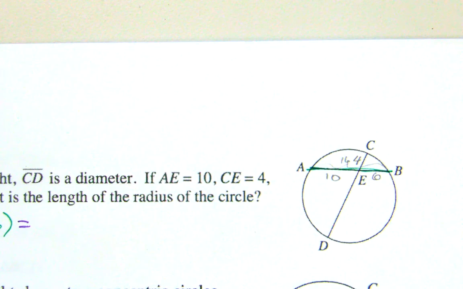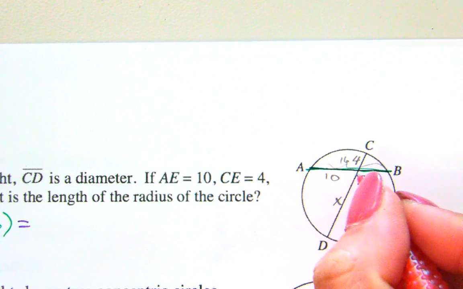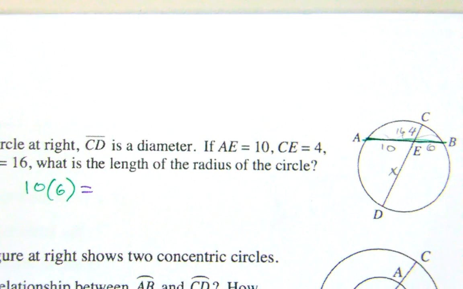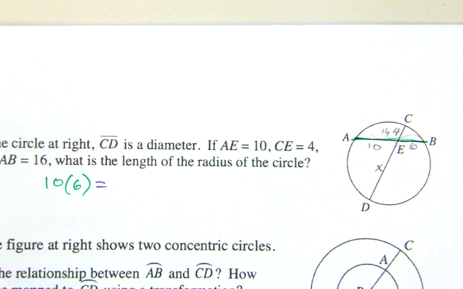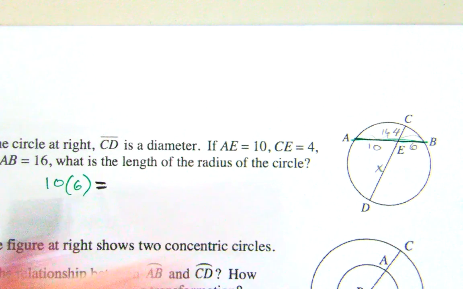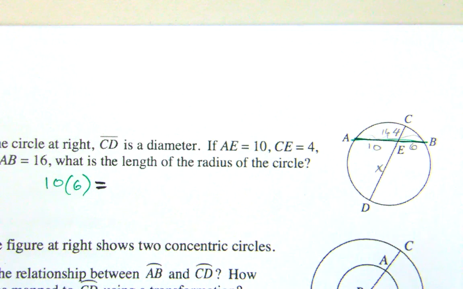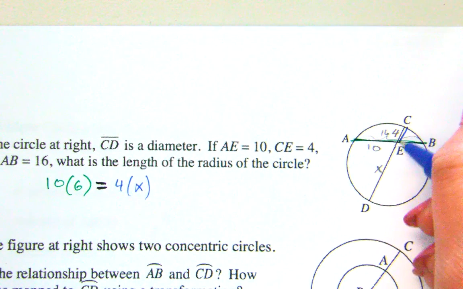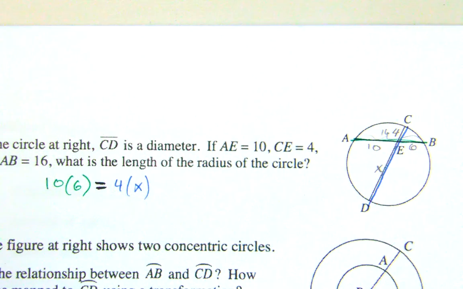I guess we can say x. E to D, we'll call that x. So 10 times 6 is going to have to equal 4 times x. That'll be this length right here, the whole thing.